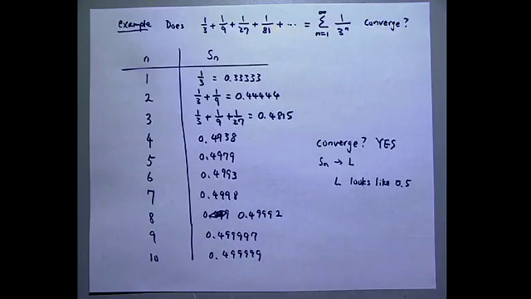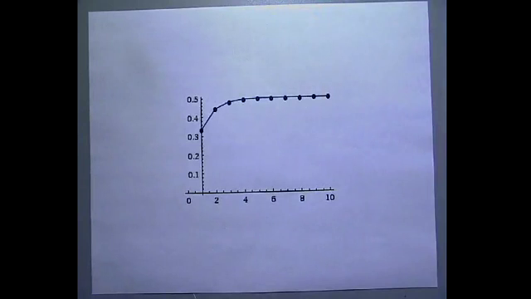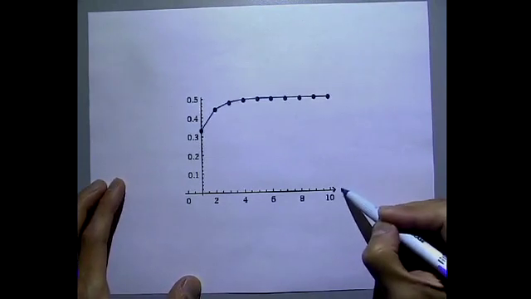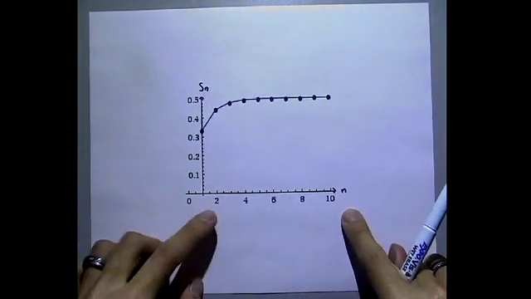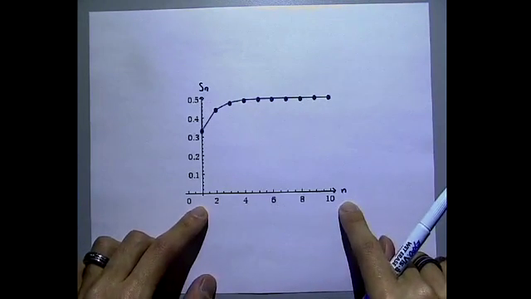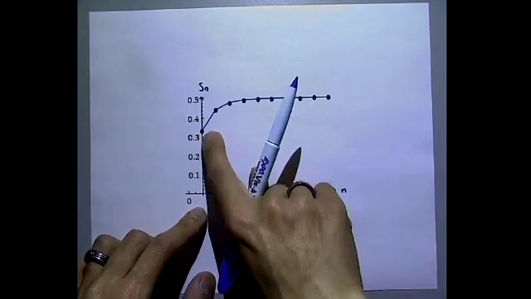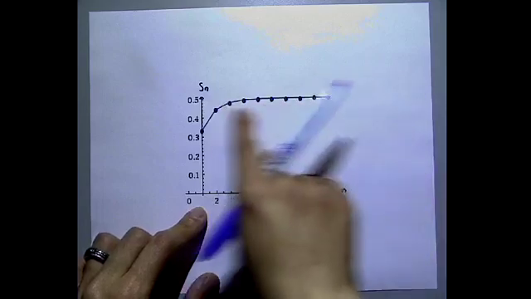And it looks like 1/2. If you were to graph what we just saw, then you'll see something like this. So I'm plotting the partial sums. You see, it started here, moves up, moves up, moves up, and eventually settles around 0.5.